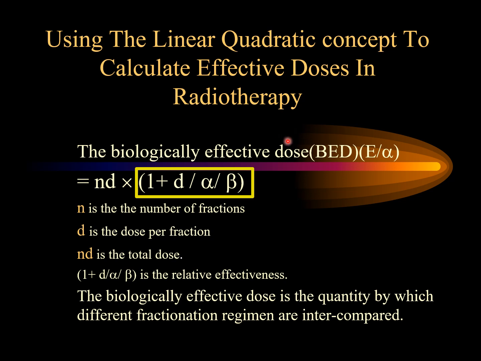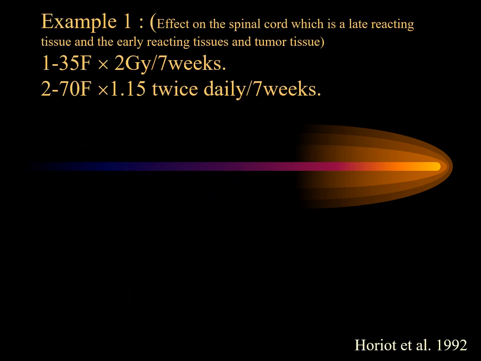Let's use this biological effective dose to compare two different schedules together. By the way, this part of the equation is called the relative effectiveness or the relative effective dose, multiplied by the total dose will give us the biological effective dose.